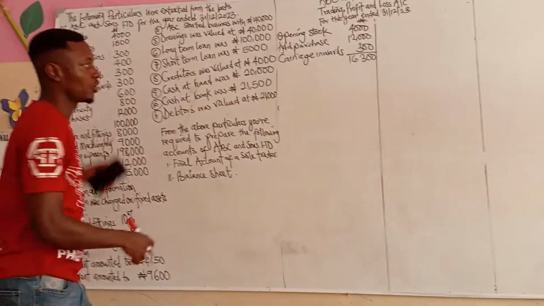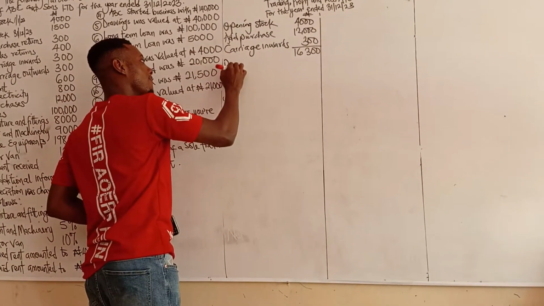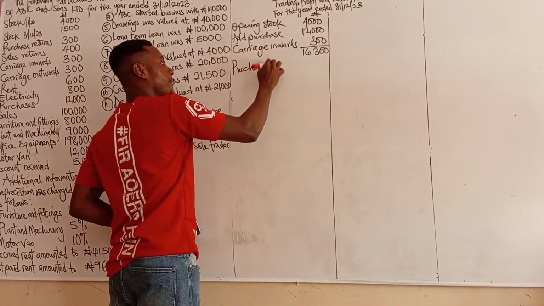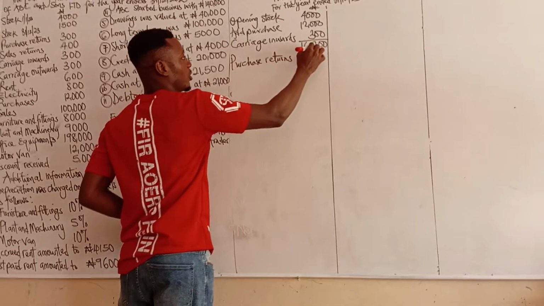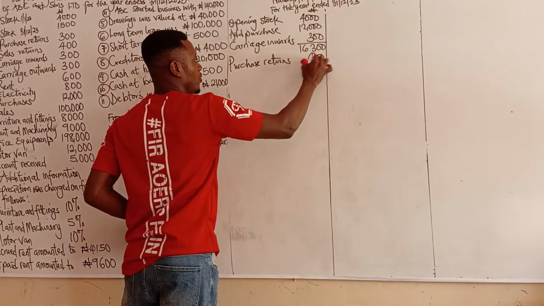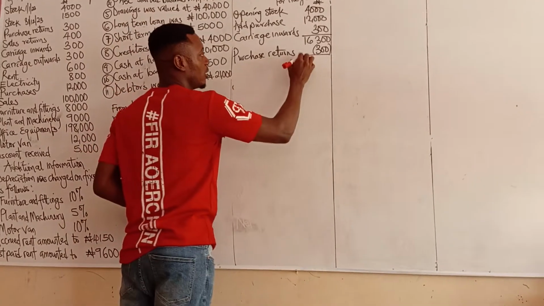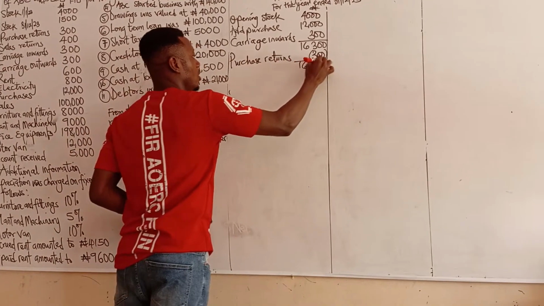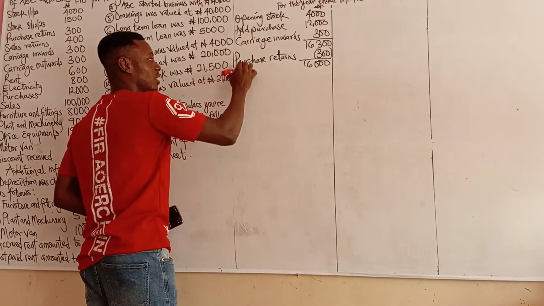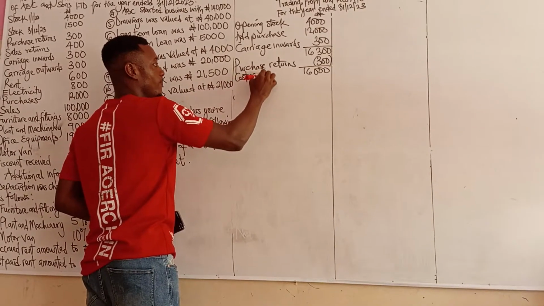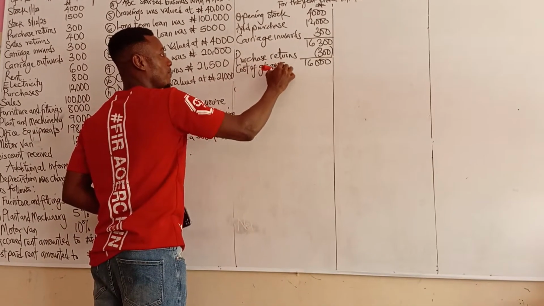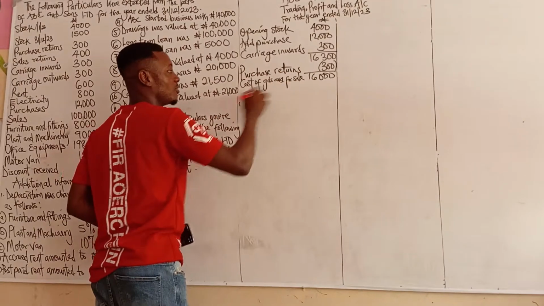Now we have purchase return 300. If you subtract in brackets, any figure in brackets in accounting means subtract. This will give me 16,000. So this becomes cost of goods available for sale.